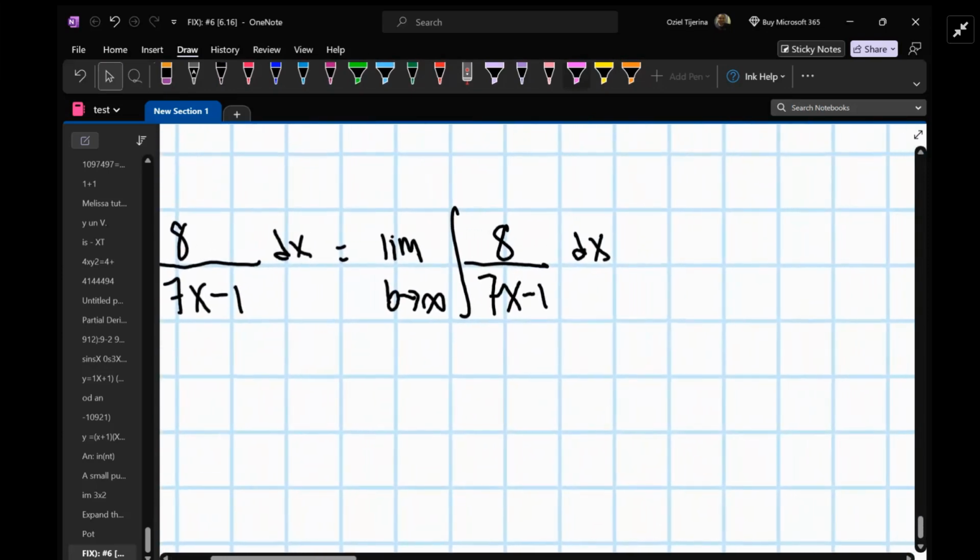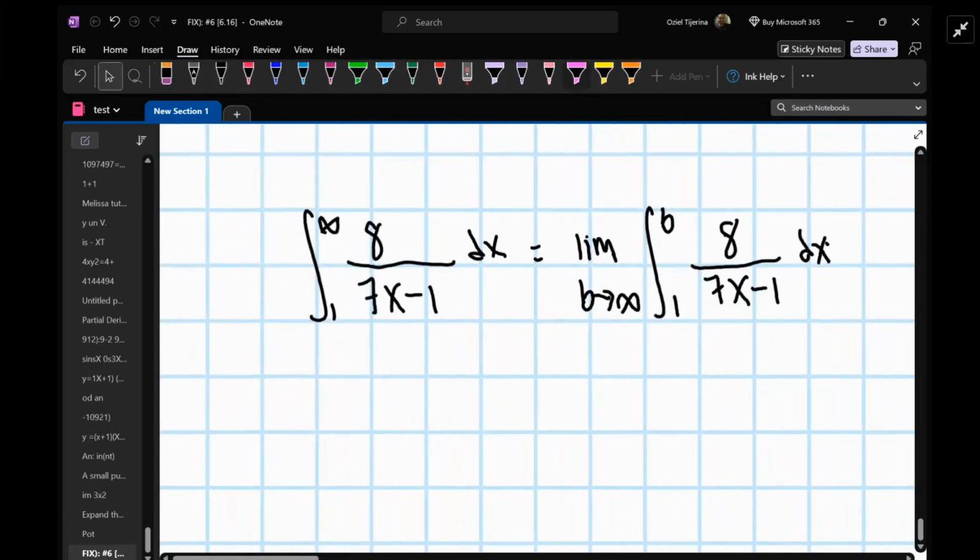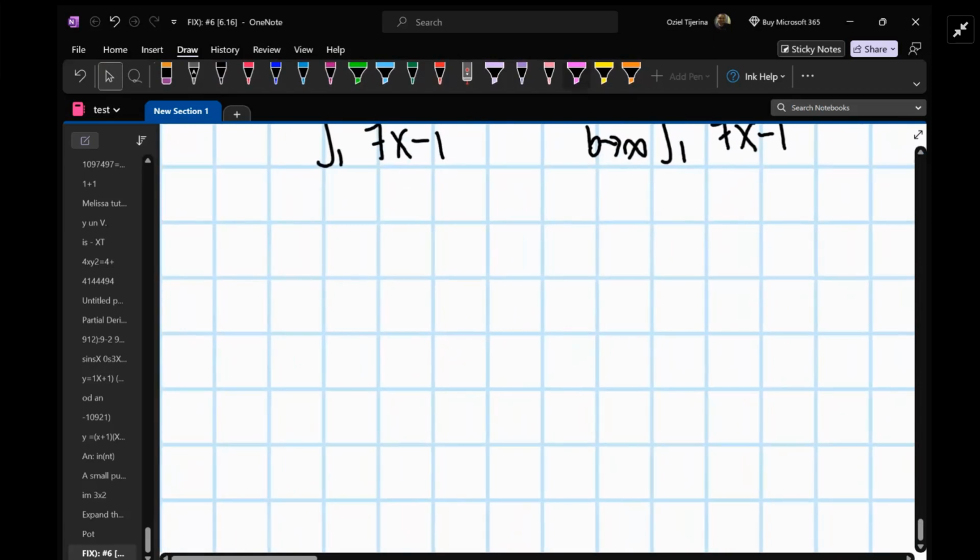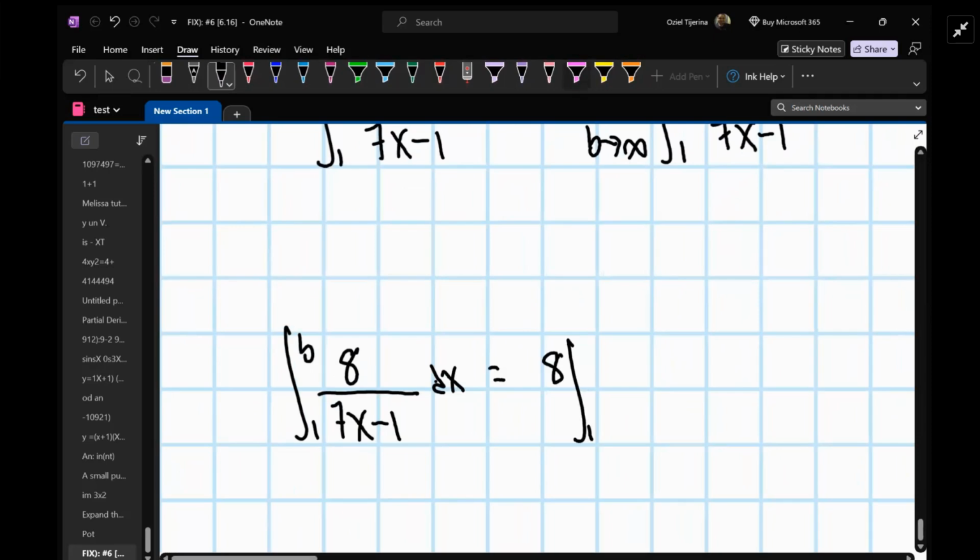Actually, it's going to go from 1 to b of 8 over 7x minus 1 dx. So the integral from 1 to b of 8 over 7x minus 1 dx is going to equal 8 times the integral from 1 to b of 1 over 7x minus 1 dx.